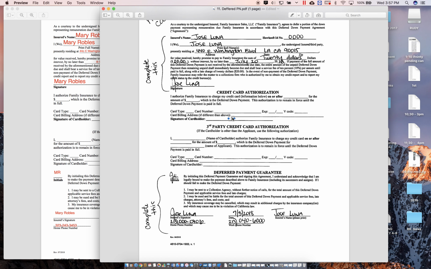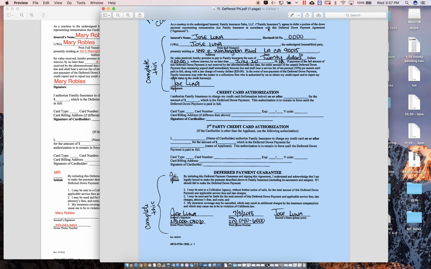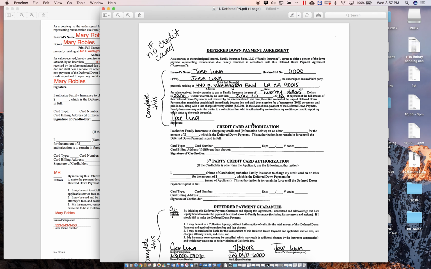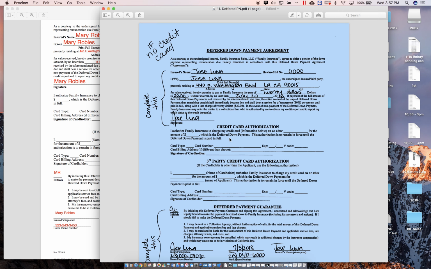If they don't have any credit cards, the form is going to look exactly like this. The top portion and the bottom portion are completely filled, and the customer is going to sign. If the customer has a credit card on file, then we would select the credit card option, which is right here in the second section of the form.